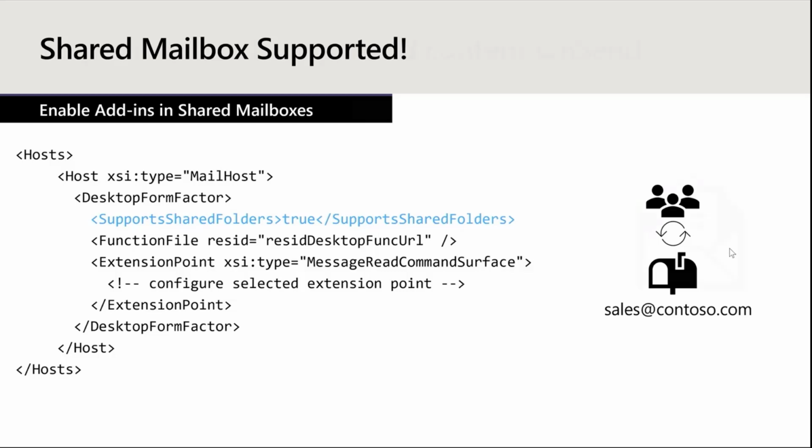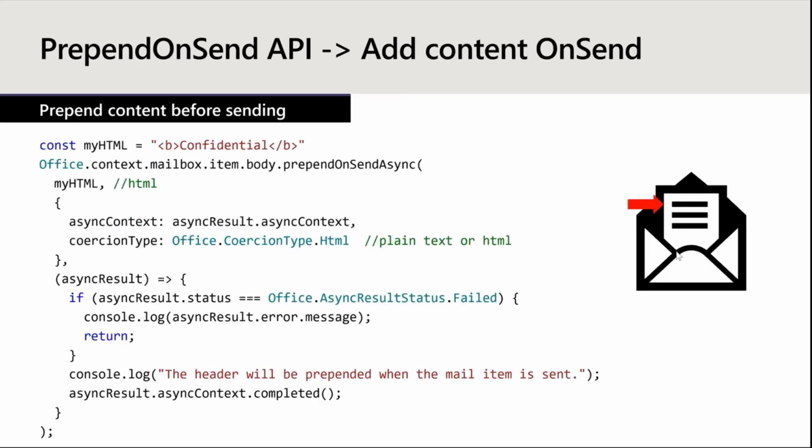Good news for everybody. And then prepend on send. For some classification and encryption scenarios, it's needed that when someone sends an email, at the very top of the email we can add some confidentiality or any text at the beginning of the message.